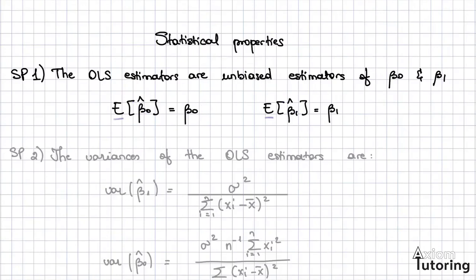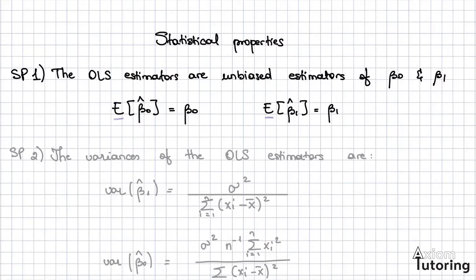Keep in mind, these beta null and beta 1 here are the values of the population. So these are the true values of the population. However, we never have the tools to get information on the entire population. That's why we always work with samples. And the properties are the ones that tell us how OLS behaves across all the repeated samples of the world. That's why we are making use of the expectations here.